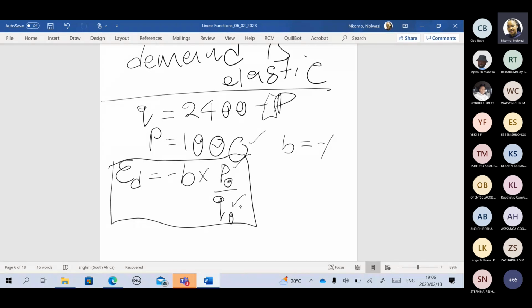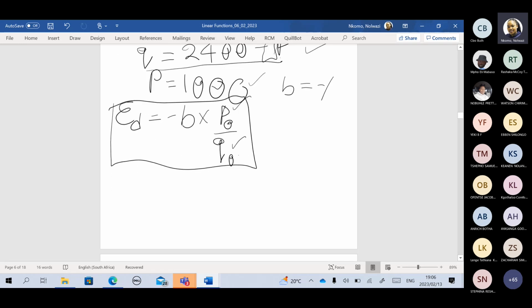But we can find our Q naught from the demand function, because this equation has two unknowns, Q and P, and we know P, so we can use this equation to find the other unknown, which is Q. So if we substitute P naught here, we'll obtain Q naught, right?